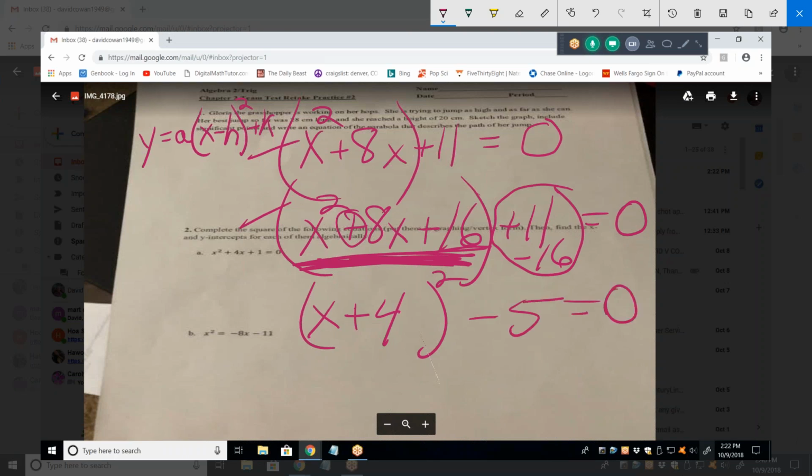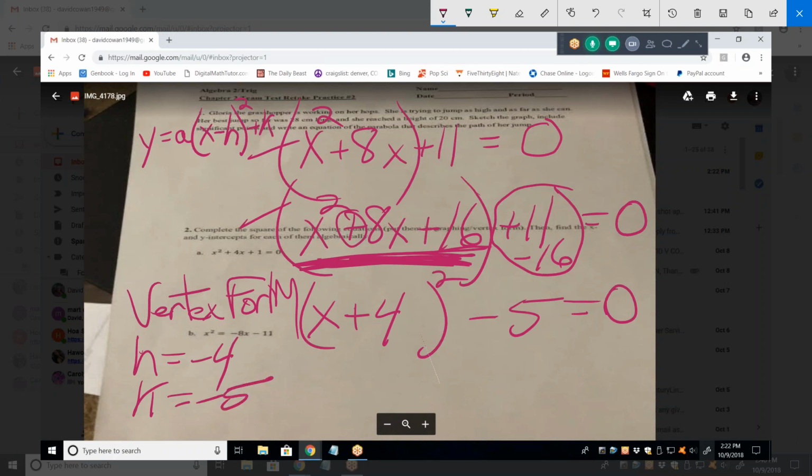I now have it in perfect vertex format. What's the vertex? -4 and -5. Perfect. Okay, so let me erase some of this stuff so I have room to write.